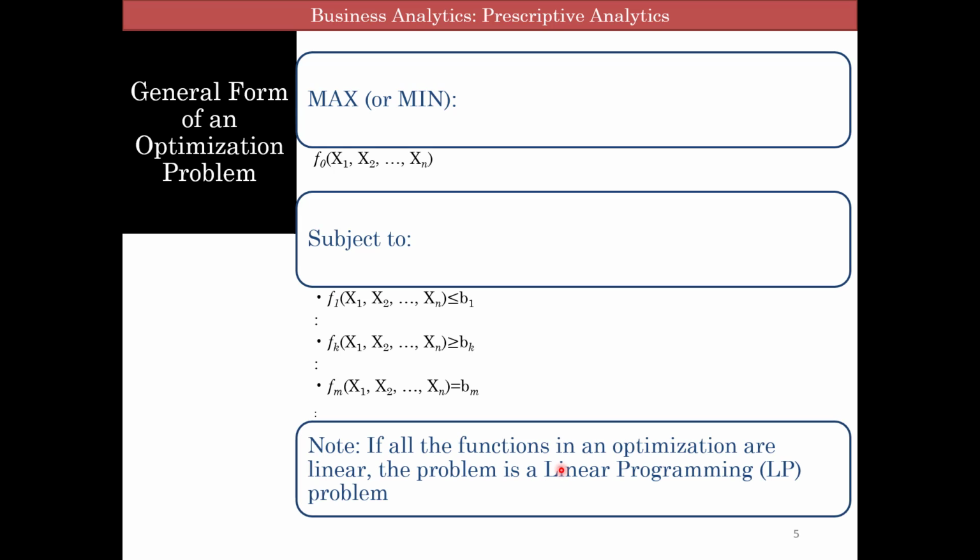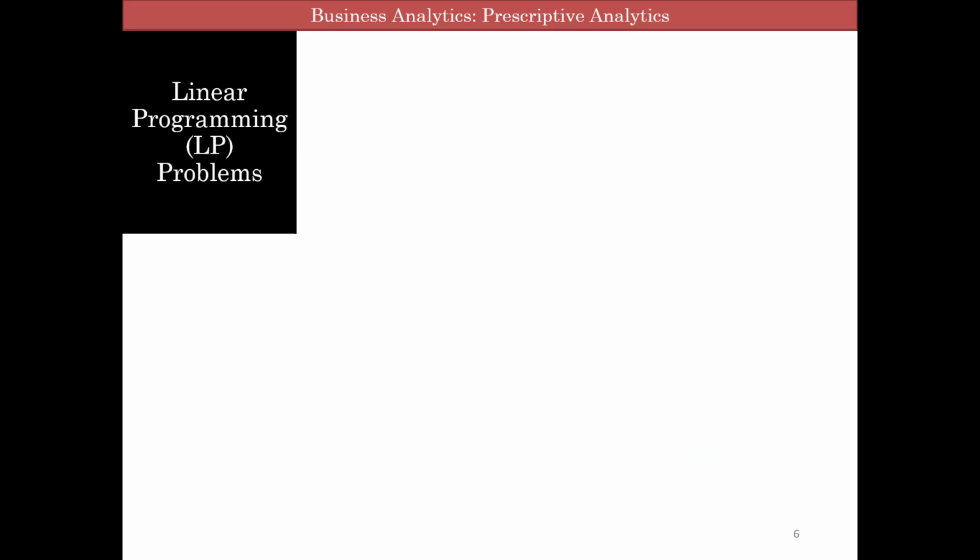If the functions are linear, the problem is called linear programming. And linear means these variables x1 and x2 don't have a square or a cube. They aren't multiplied by each other. They're only added or subtracted. When you only add and subtract the unknown variables, that becomes a linear program.